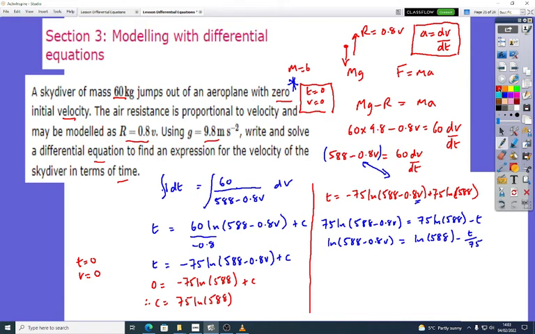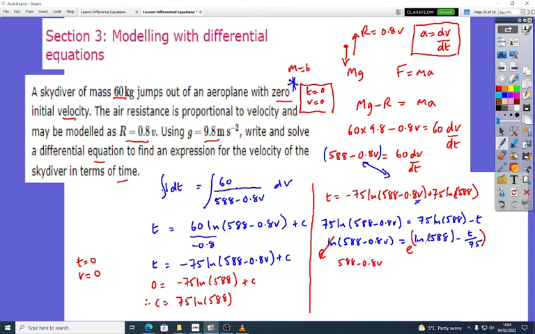Now we need to do the inverse of ln, so that means I'm going to e both sides. When I'm e-ing both sides, I must put this in a big bracket. Okay, so that's the inverse of that. They will cancel, leaving me with 588 minus 0.8 v.